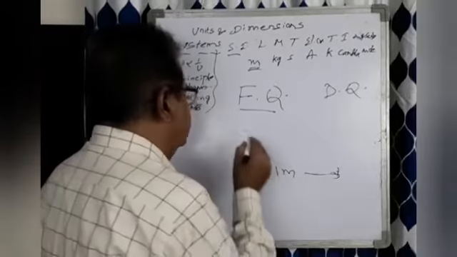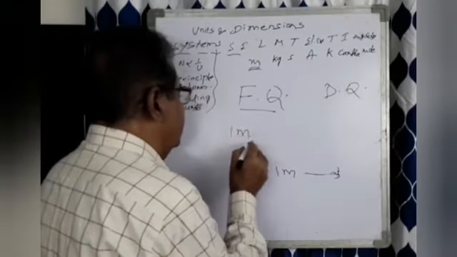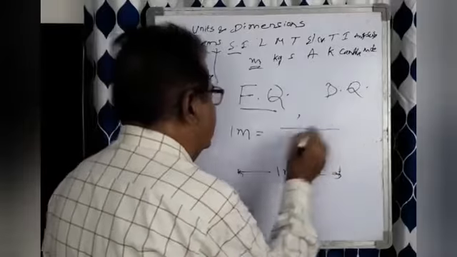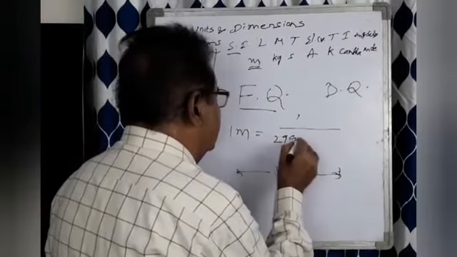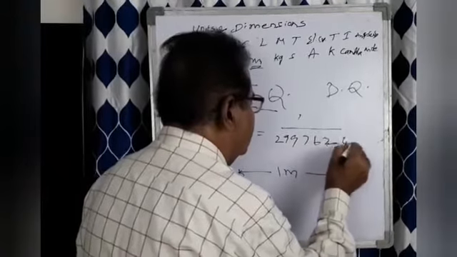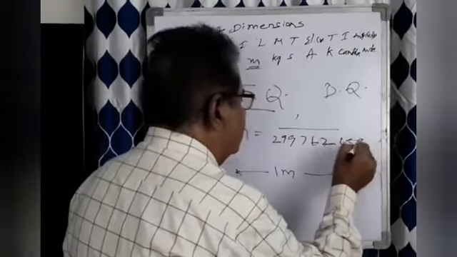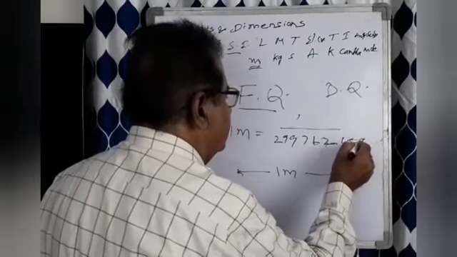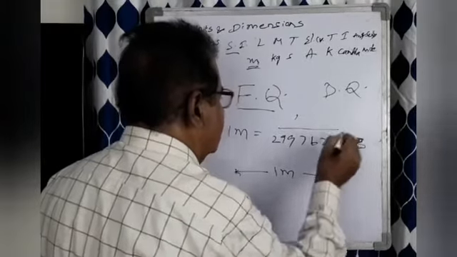So 1 meter is defined as 1 by 299,762,458 of the distance travelled by light in vacuum in 1 second.